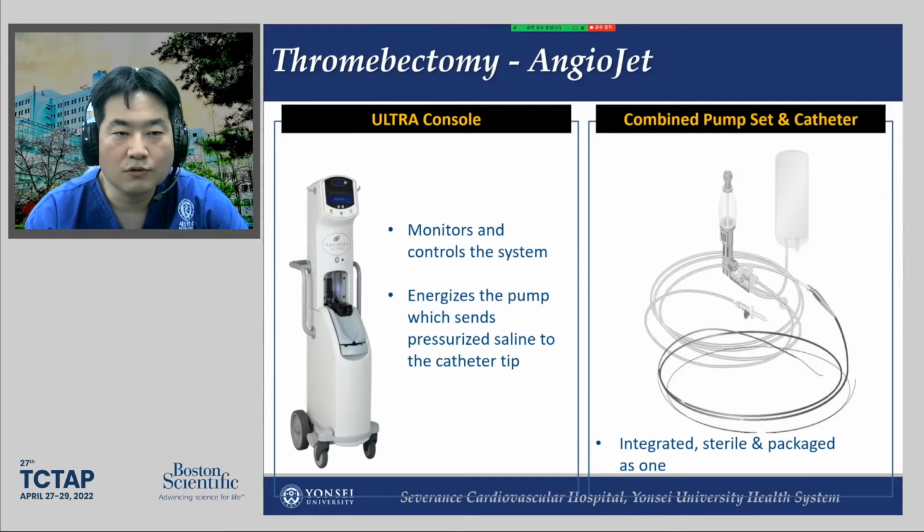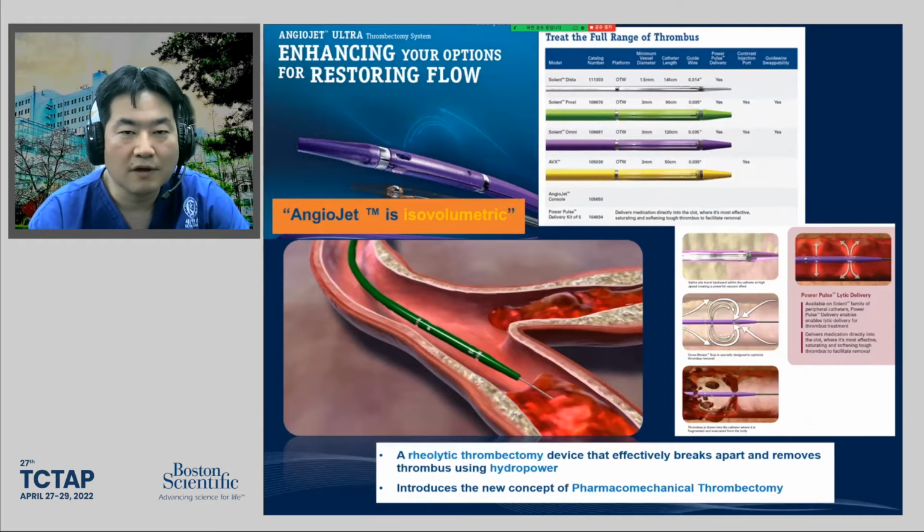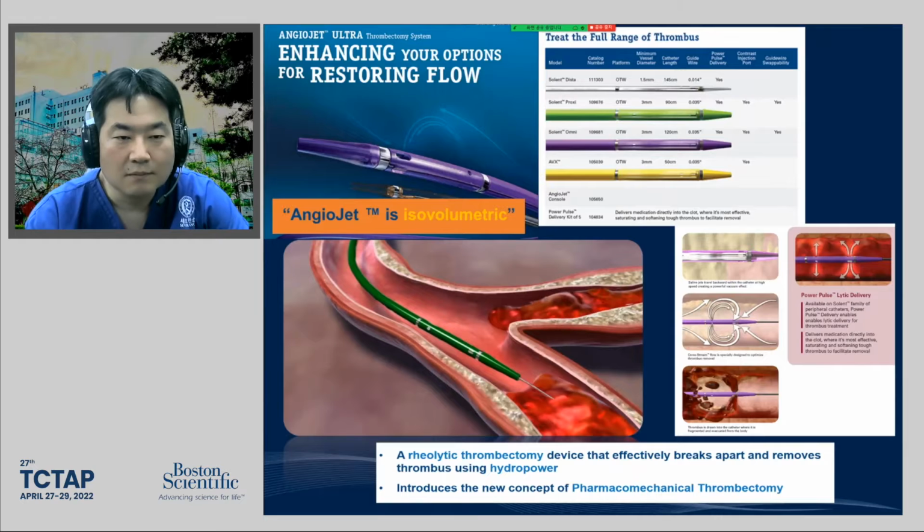It's composed of the console, the pump set, and the catheter. And we have many kinds of catheters available for many lesions. The main mechanism of AngioJet is isovolumetric aspiration of clot at various lesions.